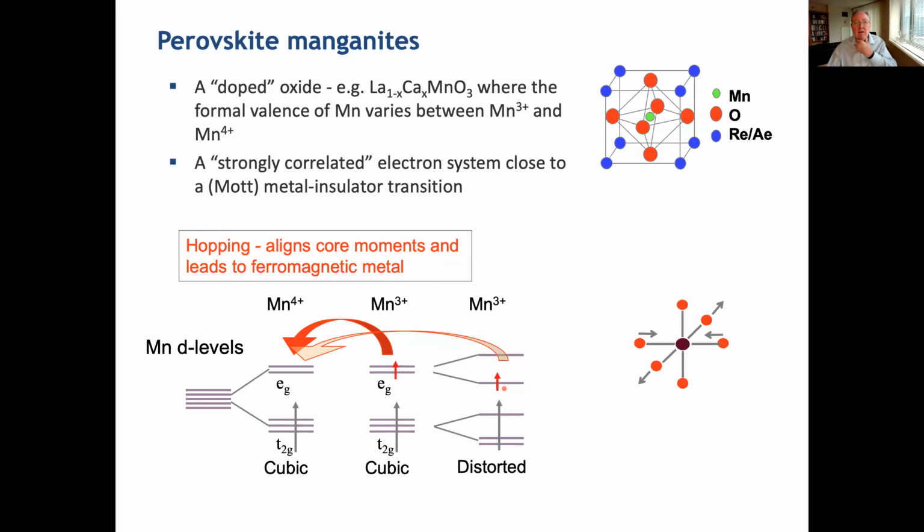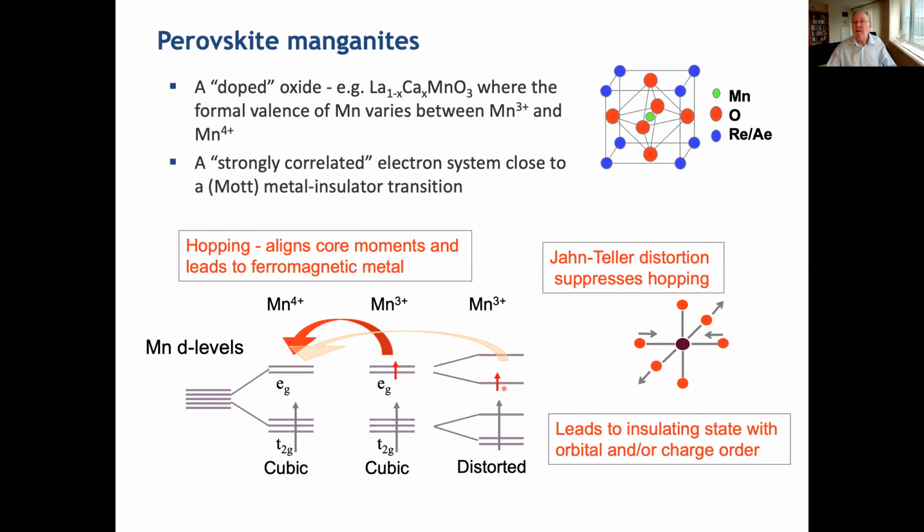It reduces the hopping, and actually it drives you to an insulating state, typically one which has orbital or charge order. So this is one of the many examples of what I'm calling Mott-like transitions, because Coulomb correlations are enormously important in why this happens.